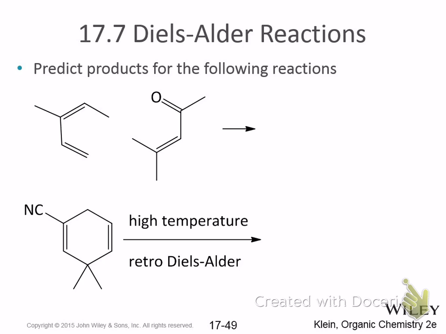So let's try to draw the product for this reaction. And recognize there's two possible products, all right? And then we'll do a retro Diels-Alder.